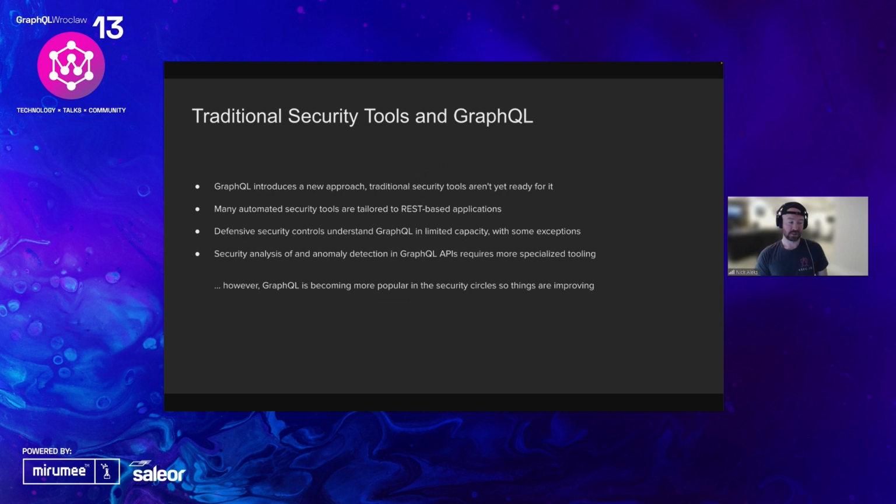So a lot of the ways we approach security in the space of GraphQL come up short, and I want to talk about some of the tools we can use to test our own production GraphQL instances to see how secure they truly are.